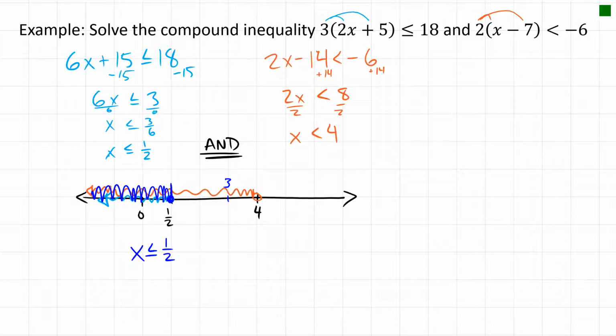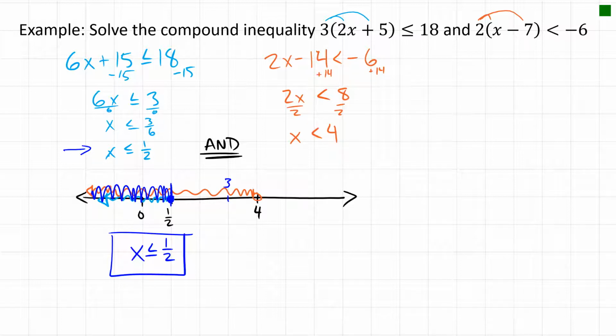That satisfies both. So really, this x is less than or equal to 1/2 was the solution to the compound inequality, because it's contained within the entire x is less than 4 inequality. So if both have to be true, we can really only go up to the 1/2 point where that inequality cuts off.